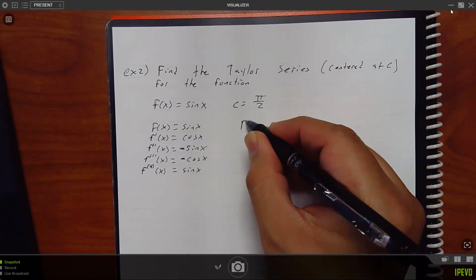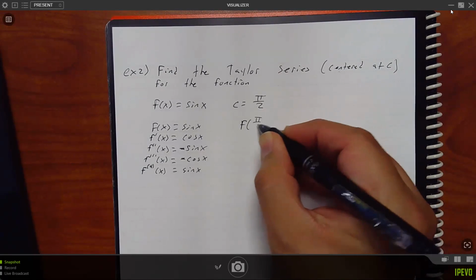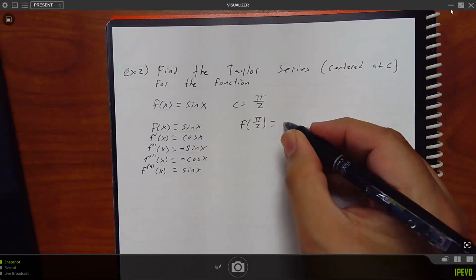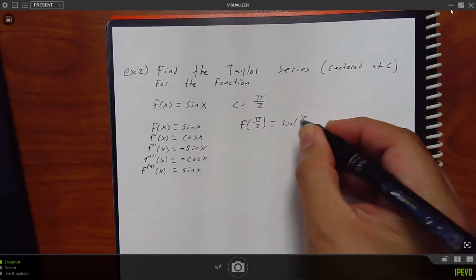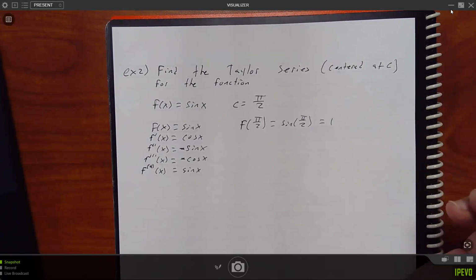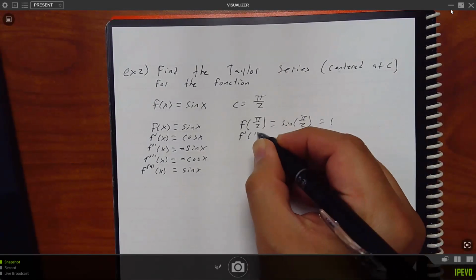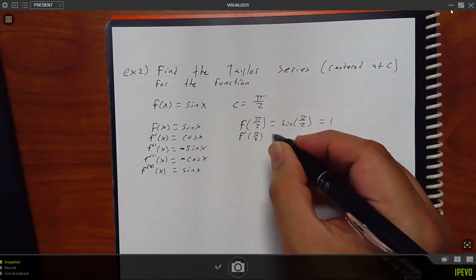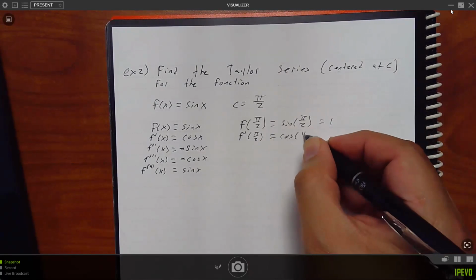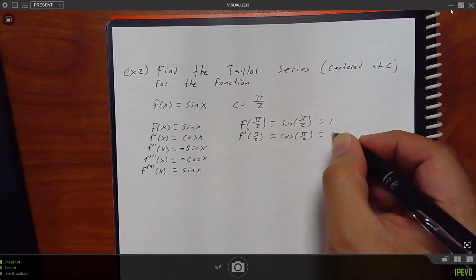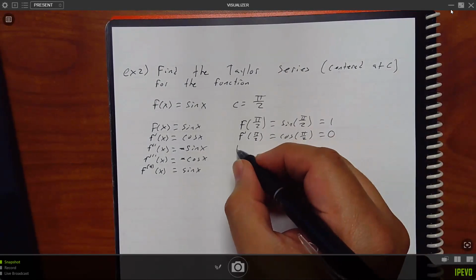All right. F of pi over 2, sine of pi over 2 is 1, right? F prime at pi over 2 is cosine of pi over 2, which is 0. Double prime.